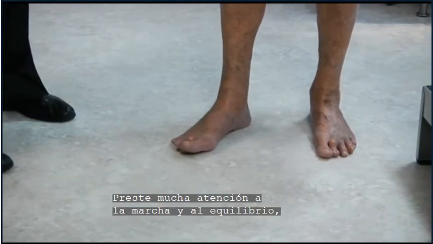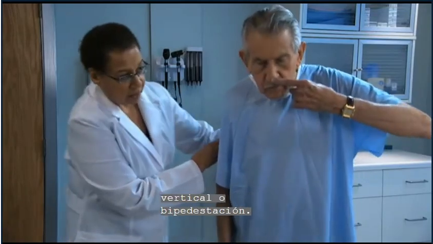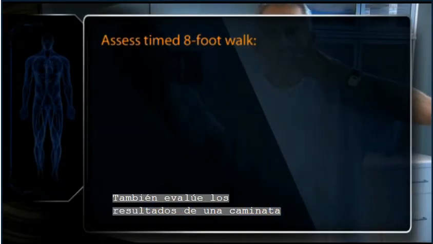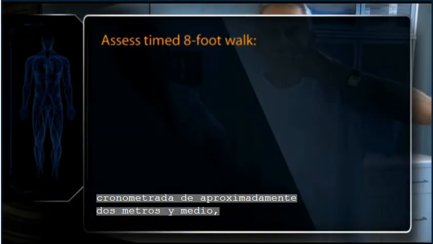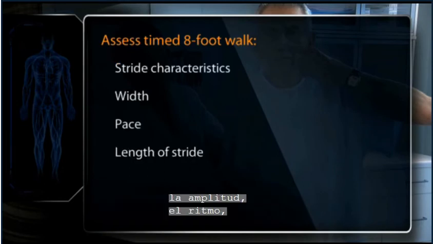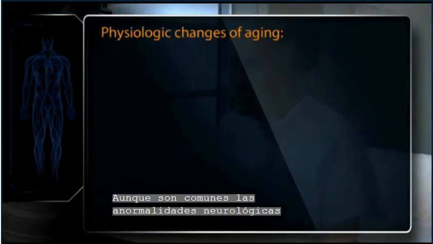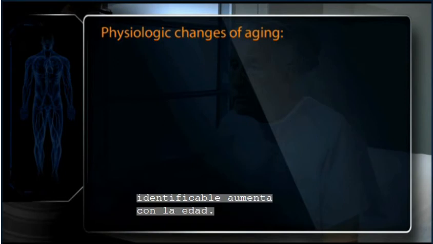Pay close attention to gait and balance, particularly standing balance. Also, assess the results of a timed 8-foot walk, noting stride characteristics, width, pace, length of stride, and careful turning. Although neurologic abnormalities are common in the older population, their prevalence without identifiable disease increases with age.